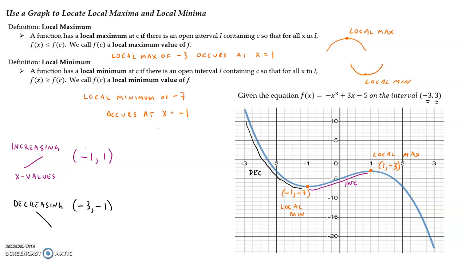And I have a second portion where my graph is decreasing. So I'll go ahead and label this one. And we want the x values for that portion as well. So my smallest x value here, starting at my local max, is that +1.